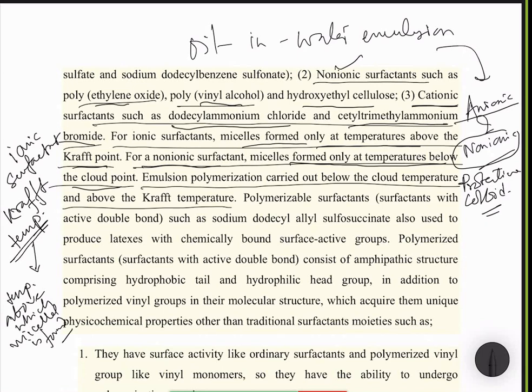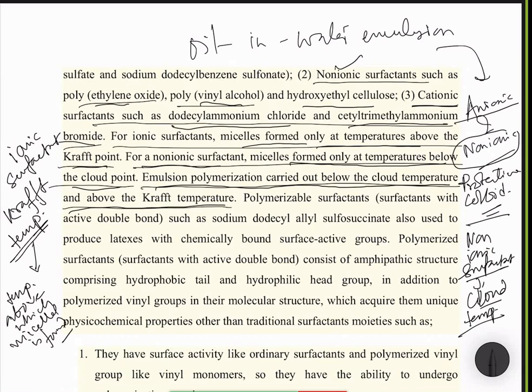So for non-ionic surfactants, we have what? Cloud point or cloud temperature. So an emulsion polymerization, very important, should be carried out below the cloud temperature and above the Kraft temperature.